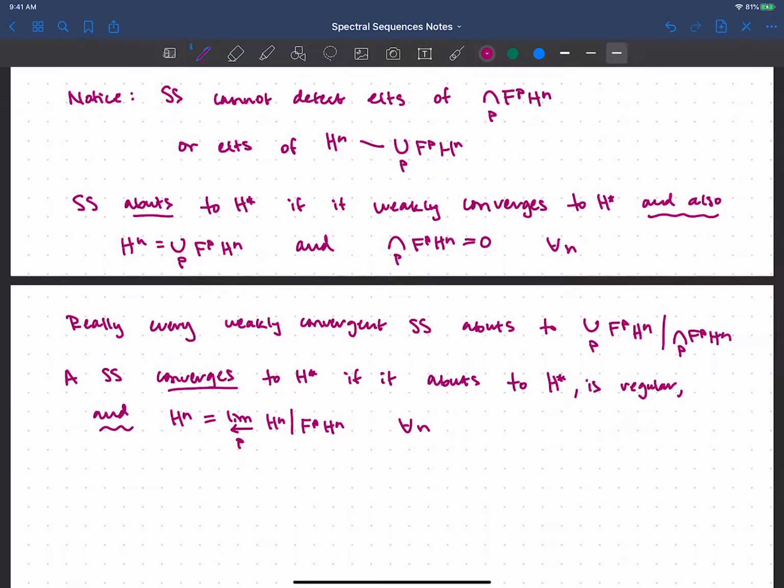So we'll have to investigate this in more detail, but the upshot here that we should take away, at least for the moment, is that if a spectral sequence is bounded, then we've got a good situation. And even if it's bounded below and abuts to some cohomology, meaning we've got this good union and intersection property, then it actually converges.